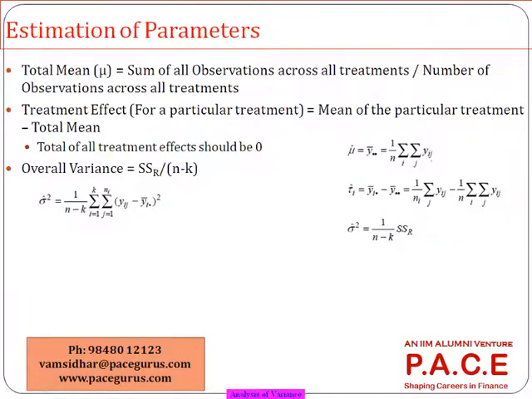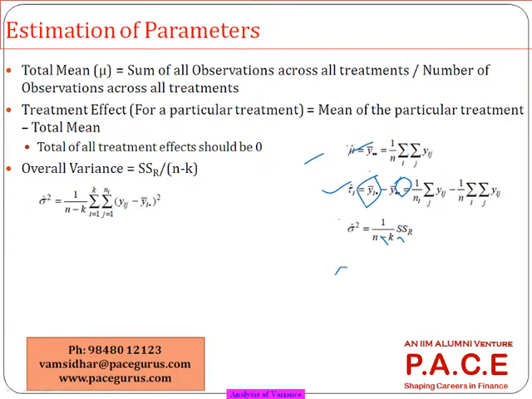So let's go back to our data. From this we are able to compute the mean, which is done. We have also found the treatment effect of each one: the particular treatment mean minus the overall mean. We are able to do that.